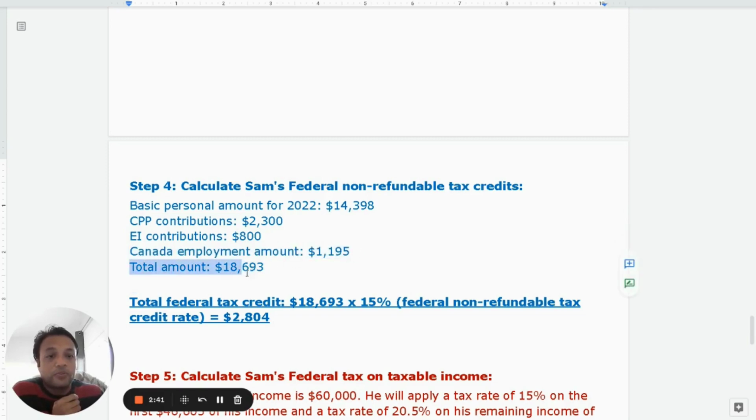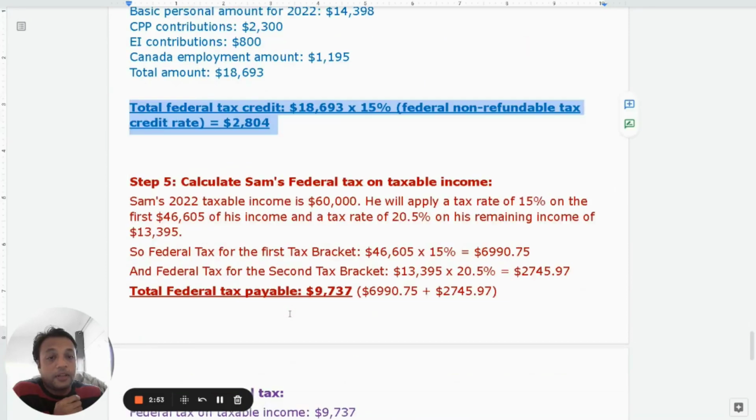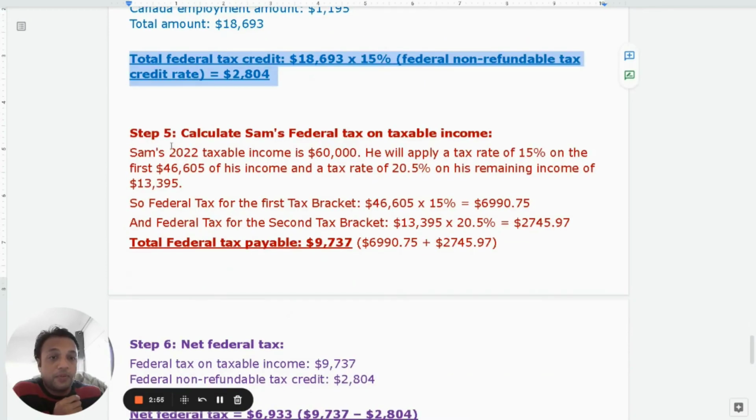So total amount would be $18,693. So total federal tax credit would be $2,804.